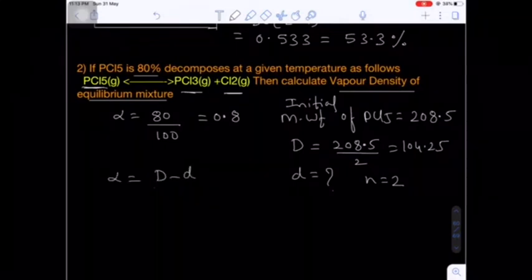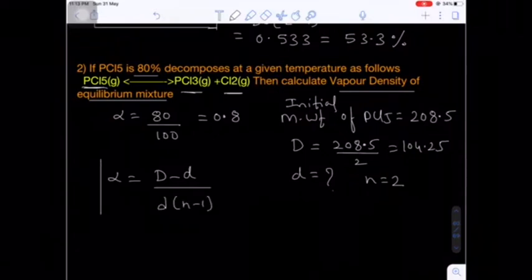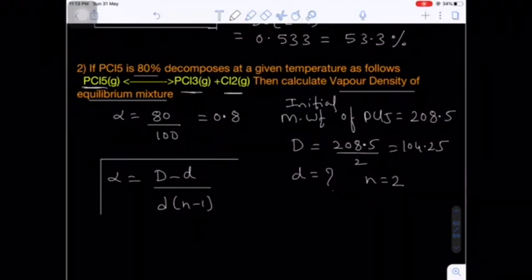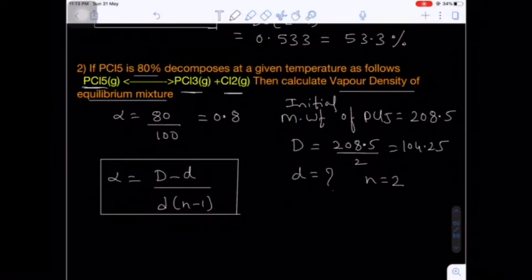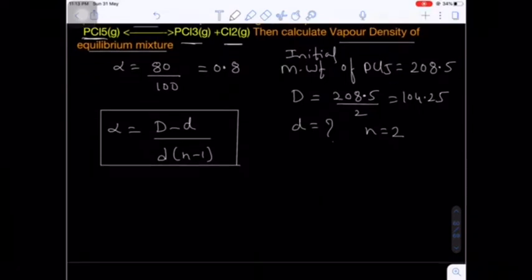Okay, from the expression alpha is equal to (capital D minus small d) whole divided by small d multiplied by (n minus 1), we have alpha, capital D, small d and small n. There are a total of 4 variables. Out of the 4 variables, if we know any 3 variables, we can find the 4th variable.